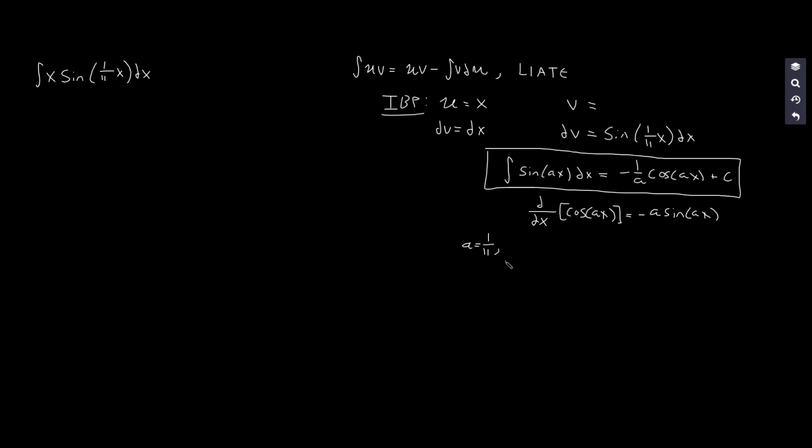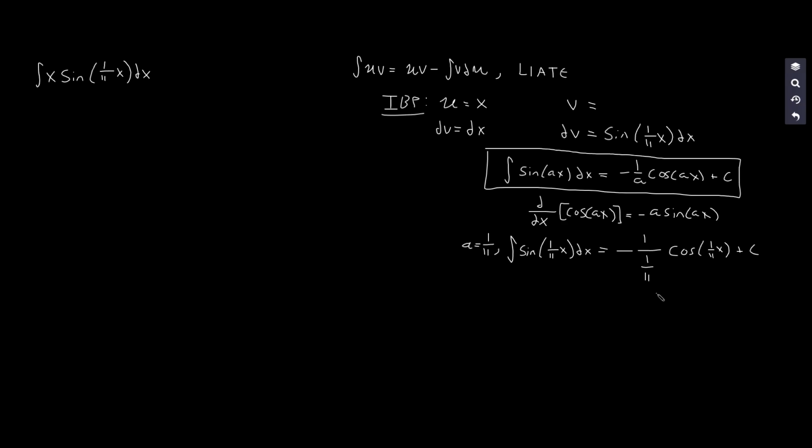So the integral of sine of 1 over 11 times x, integration with respect to x, well, that means we have a complex fraction: negative 1 over 1 over 11, cosine of 1 over 11 times x plus c.